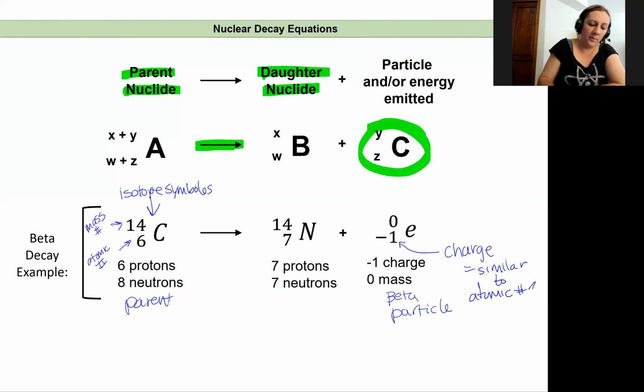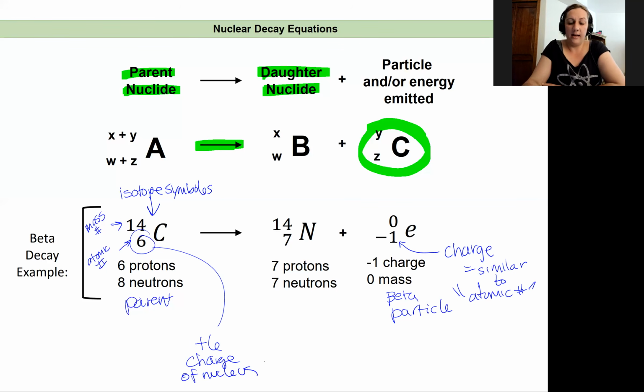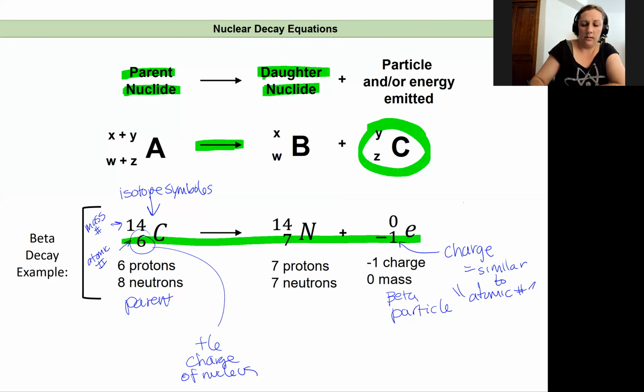Because our atomic number in carbon, this 6, represents the +6 charge of the nucleus. And the -1 charge of this beta particle is similar. And so we're basically tracking in this bottom row charge, and in this top row, we're basically tracking mass.